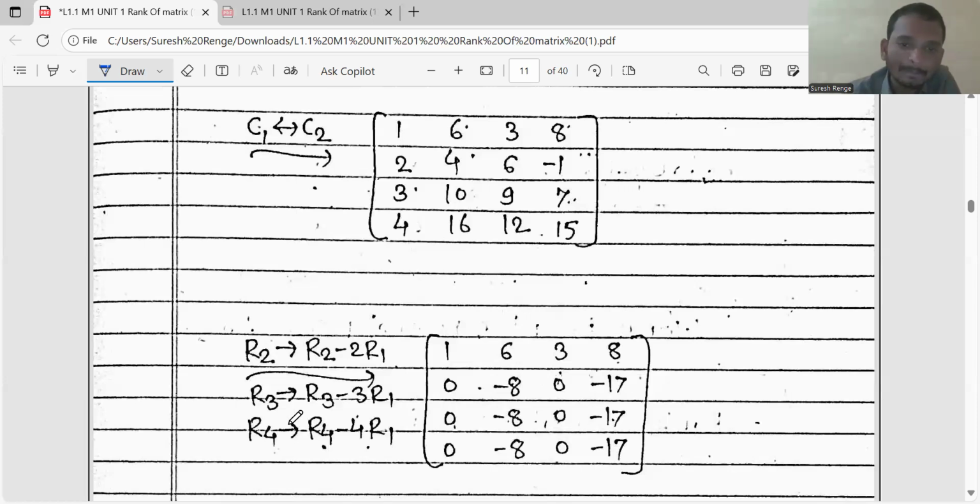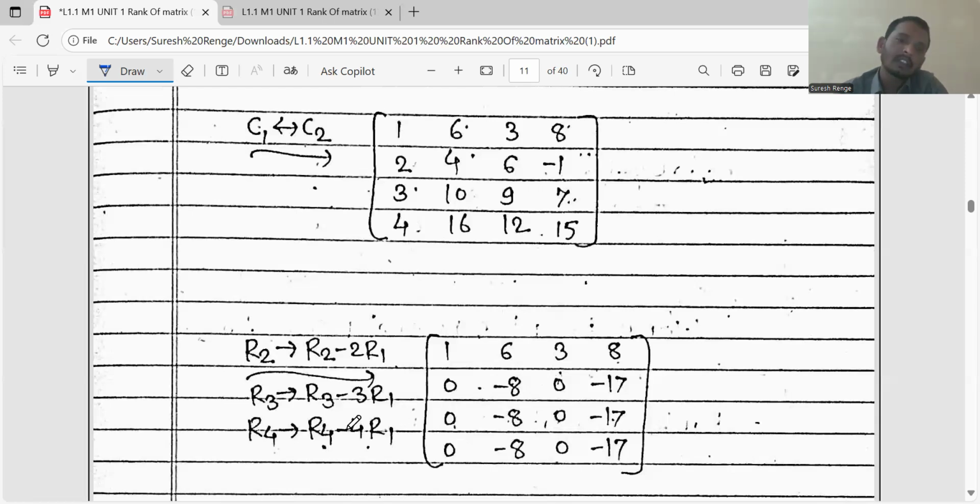Okay, these are the operations. Now change R4: R4 minus 4 times R1. 4 minus 4 is equal to 0. This is plus 16. Minus 4 multiplied by 6 is equal to minus 24, and this plus 16 minus 24 is equal to minus 8.